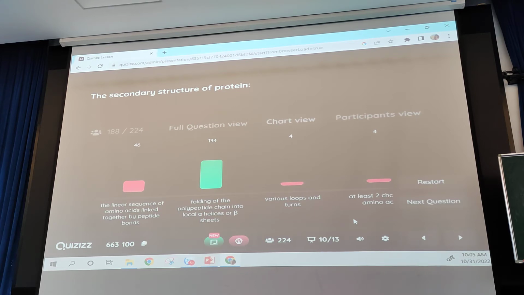or, no, I'm sorry. Either it forms an alpha helix or it falls into a beta sheet. Okay, for the rest, the answer of various loops and turns, I don't think that is the secondary structure.